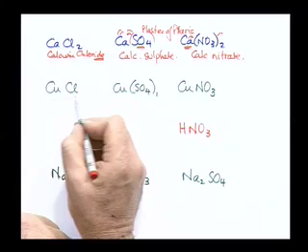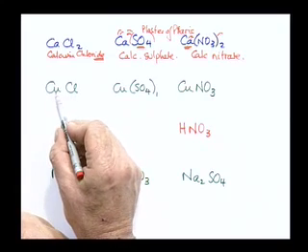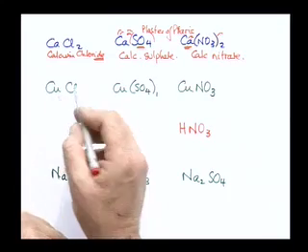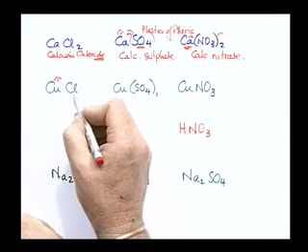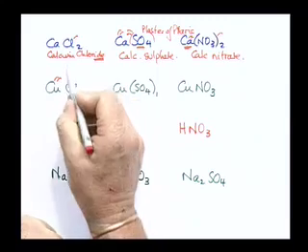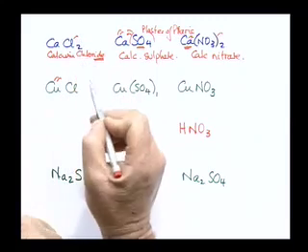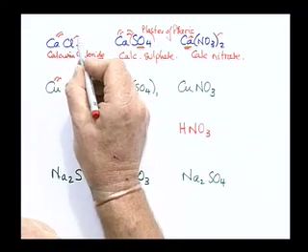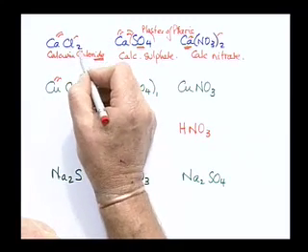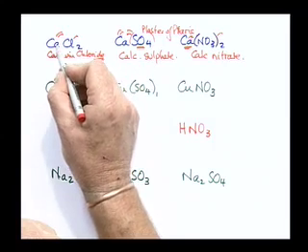Now, let's take copper, CuCl. Now, copper also has two hooks, whereas the chloride only has one. Now, calcium has two hooks, chloride has one hook, therefore we need two chlorides to satisfy calcium.